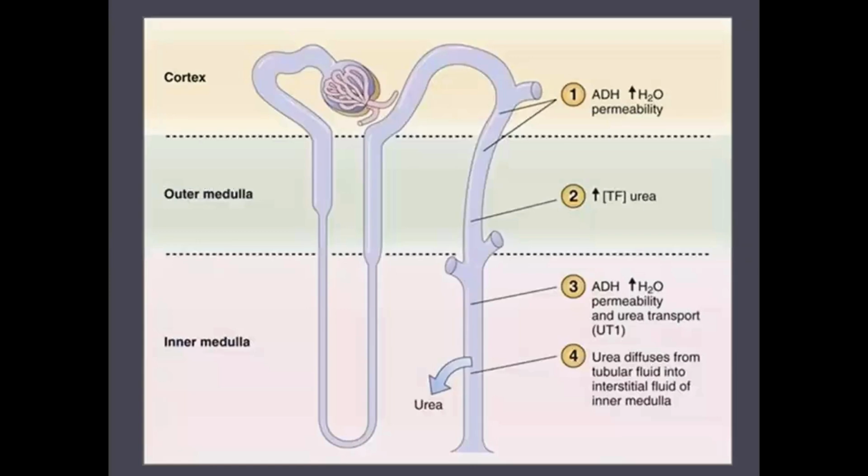Our last limb, the collecting duct, is impermeable to water in the absence of ADH. However, whenever the body is in a dehydrated state, our plasma osmolarity, again I'm mentioning plasma osmolarity, is high in dehydration because there is no water and an increase in solute.